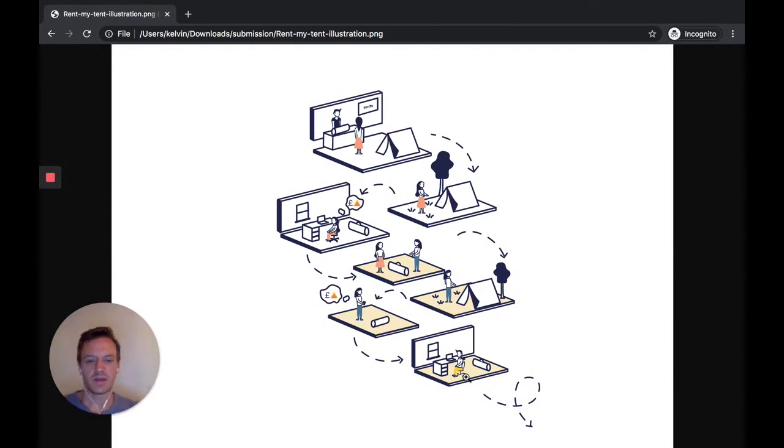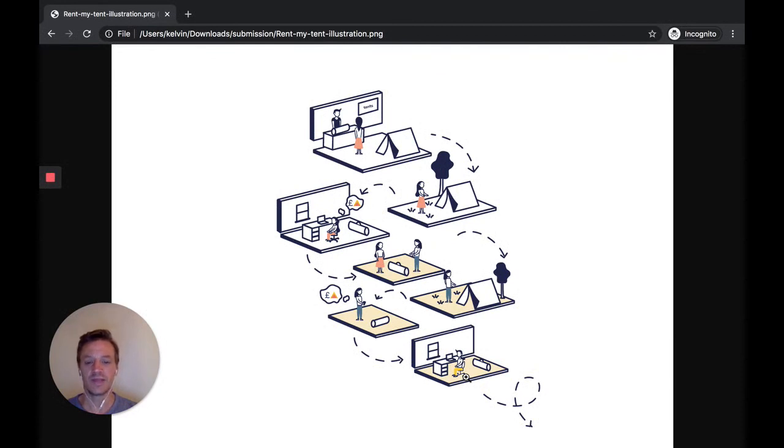So how does this make money? There's actually a number of ways. We can have a membership fee, so that when somebody lists, they have to be a member to be able to list their tent on the marketplace. They also have to be a member, obviously, to hire a tent, so there's a membership fee. We can take a small transaction fee between the seller and the hirer.